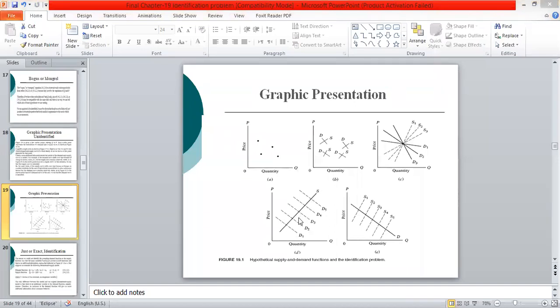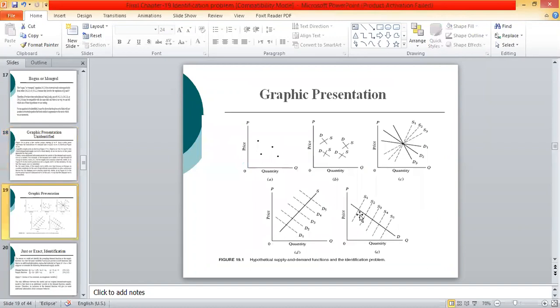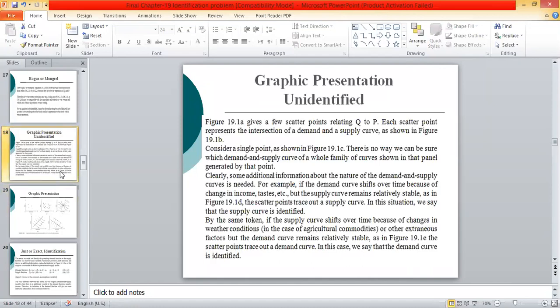So the scatter points help us in identifying the supply curve. On the other hand, by the same token, if the supply curve shifts over time because of a change in the weather conditions, the price of agricultural commodities, or some other extraneous factors, but the demand remains stable as in figure 1.19.1e, then the scatter points trace out the demand curve.